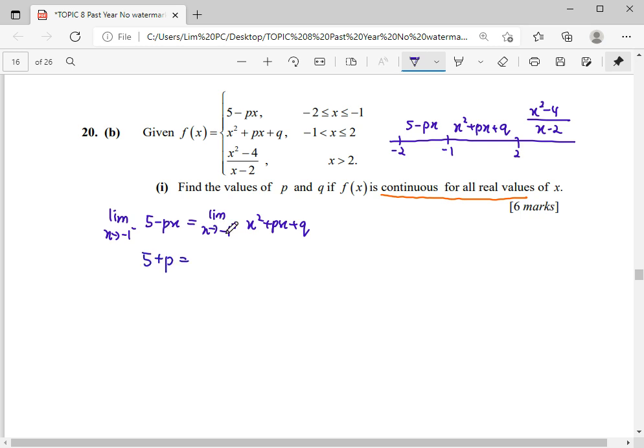Substituting negative 1 into the other, it will be 1 minus p plus q. So we build a simultaneous equation. Simplifying, move p to the left-hand side, we get 2p minus q, and move the value to the right-hand side, minus 4. This is equation 1.